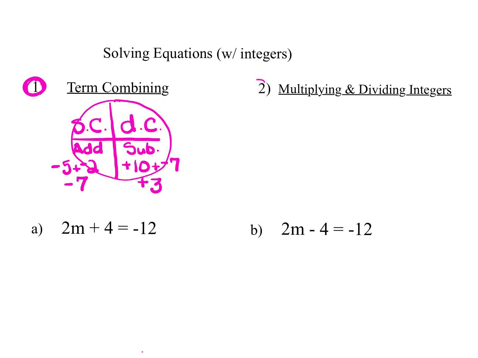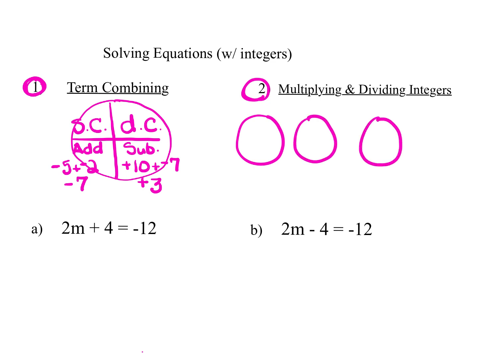And next, rule number 2 is the rule we use for multiplying and dividing integers. These are the Margar faces. Please draw the faces very quickly on your paper. And remember, when the signs are the same, Margar will have a positive result, whether you're multiplying two numbers or dividing two numbers.